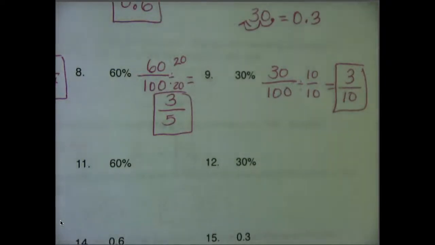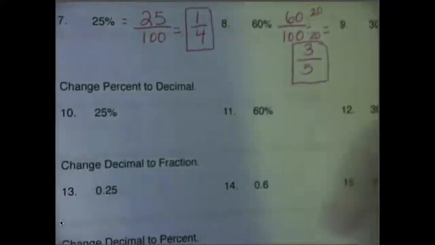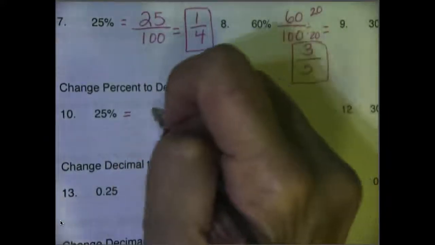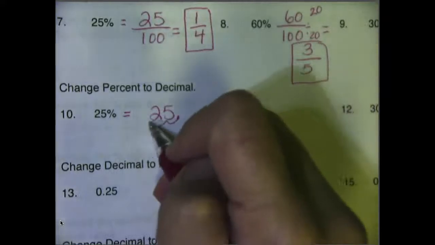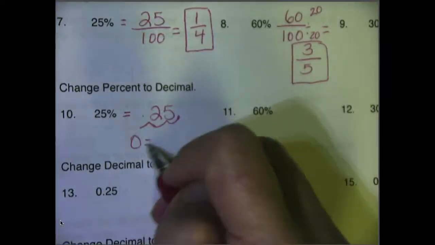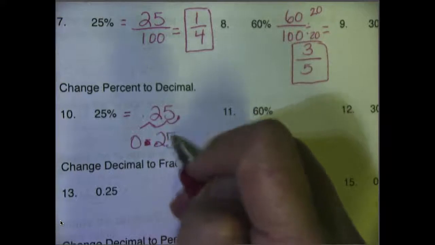Next, we're going to change a percent to a decimal. Changing percents to decimals is very simple. Let's remove the percent sign. Here's our decimal. Let's move it over 1, 2 places to the left, and we get 0.25.